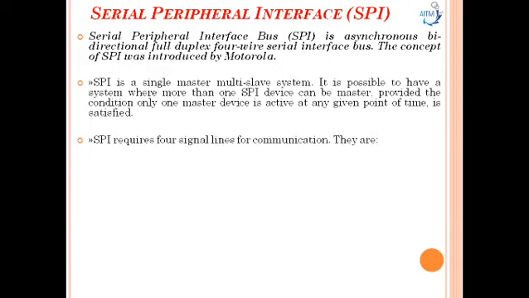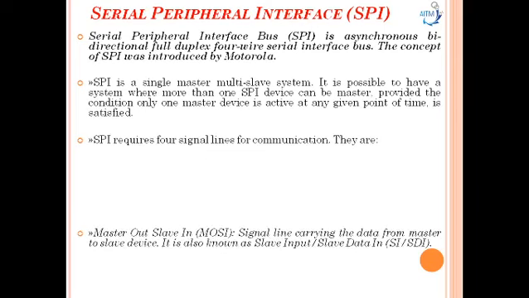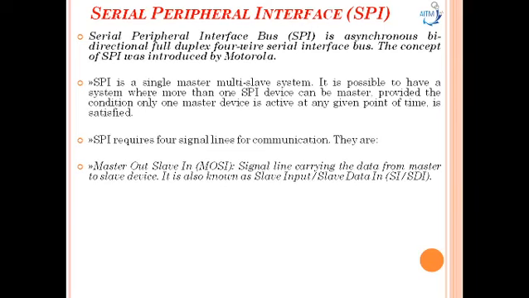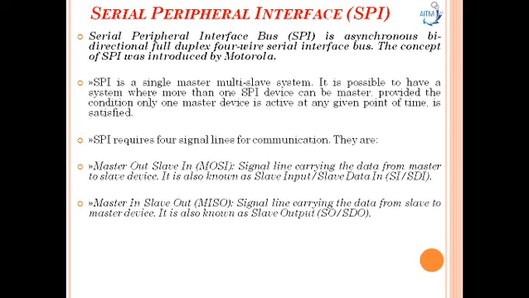SPI requires 4 signal lines for communication with the slave devices. The first signal line is master out slave in, that is the MOSI line. This signal line carries the data from the master to the slave device. It is also known as the slave data in line. The second signal line is master in slave out, MISO.